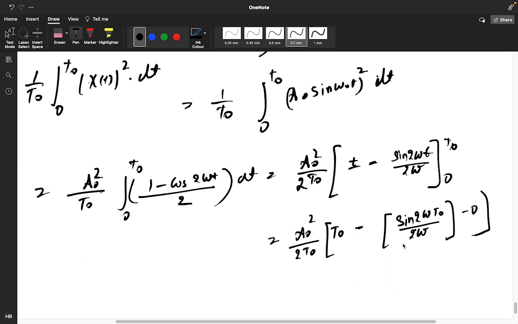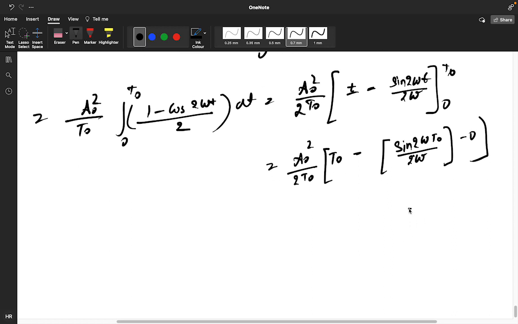So sine 2 omega T naught means what? 2 into omega means 2 pi f. F into T naught will become 1. 2 into 2 is 4 pi. 4 pi will give you 0 value. So it will become 0. So you will get A naught square into T naught divided by 2 T naught. So you are getting A naught square by 2.